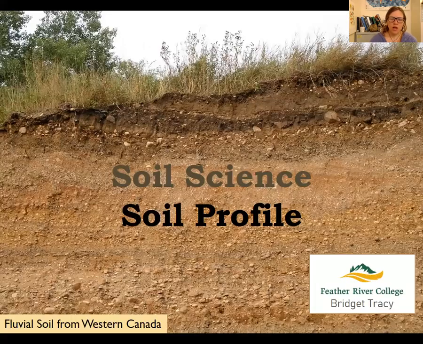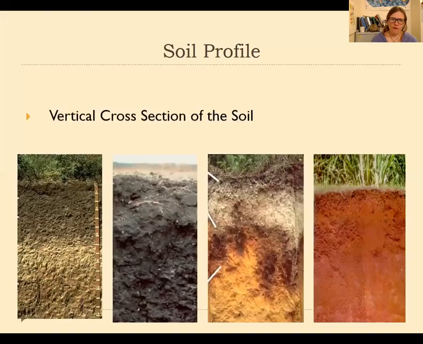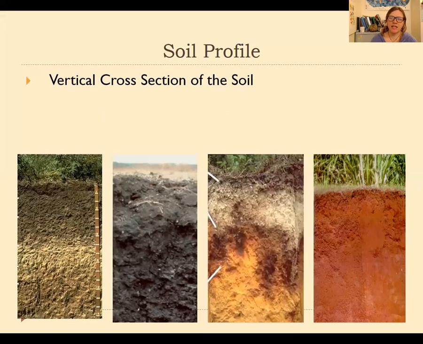Okay, so a soil profile is basically a vertical cross section of the soil. What that means is if you cut down from the surface into the soil, like you're cutting a cake, or cutting in to make a road, like a big road cut, or a river cuts down into the soil, then you can see the soil from the side and you can see different layers within the soil.